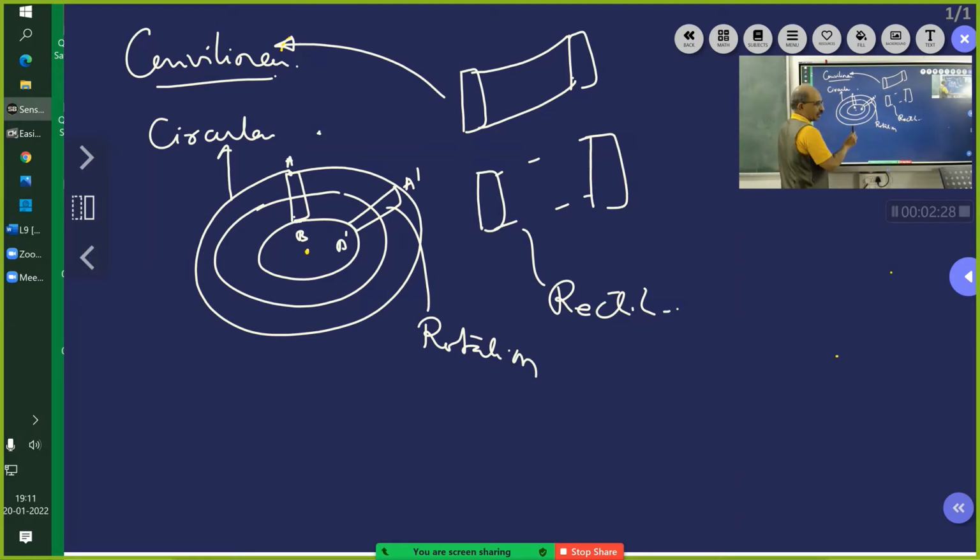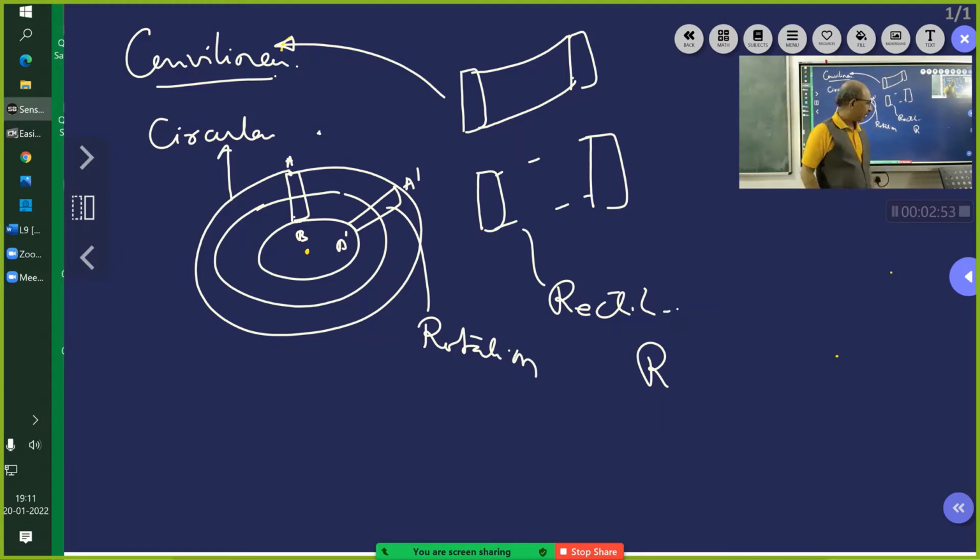Now, if you take Earth as a point, and you see the moon moving around it, when an object is moving in a circular path, it can also be elliptical. That is, it starts from a point and ends at that point. That is, it has completed 2 pi radians of motion.